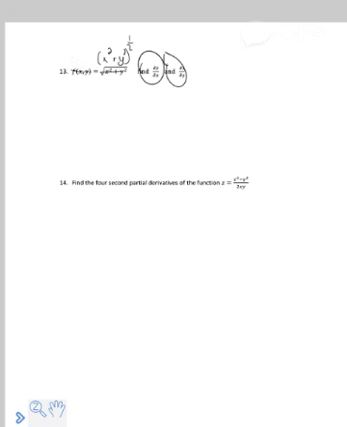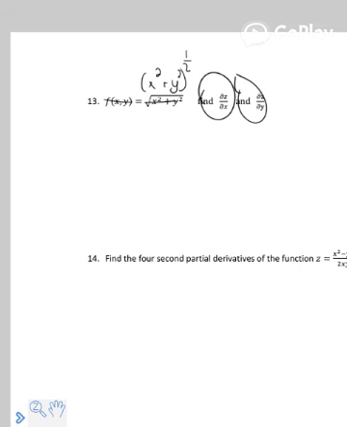So, the first one, with respect to x, we've got a chain rule because we have an inside function and an outside function, so drop the power down in front. Decrease the power by 1, so you have negative 1/2, and then take the derivative of the inside function.